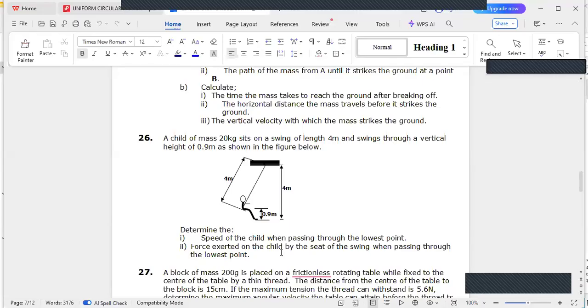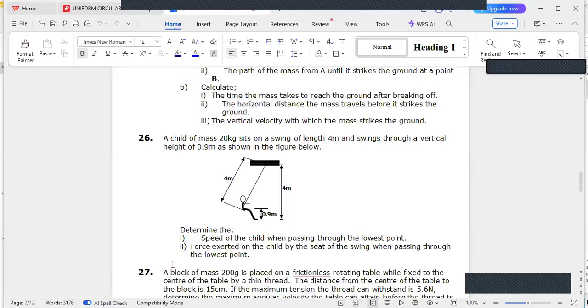Then, determine the force exerted on the child by the seat of the swing when passing through the lowest point. So we are being asked, what is the centripetal force at that lower point? The centripetal force at that point is the same as the tension at that particular point. So we will have mv squared over r plus mg.